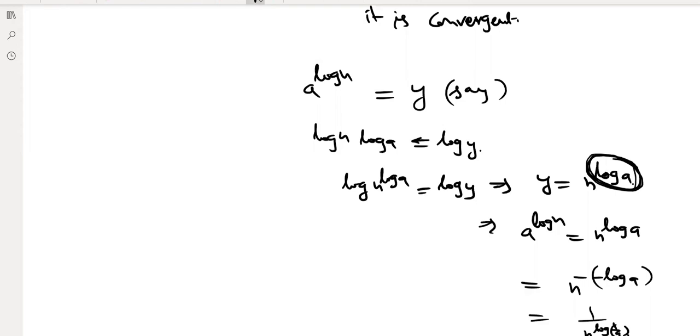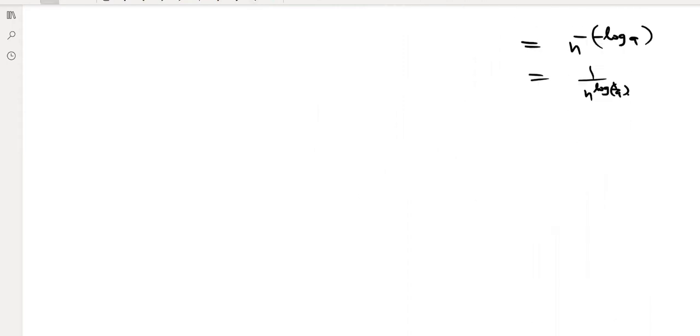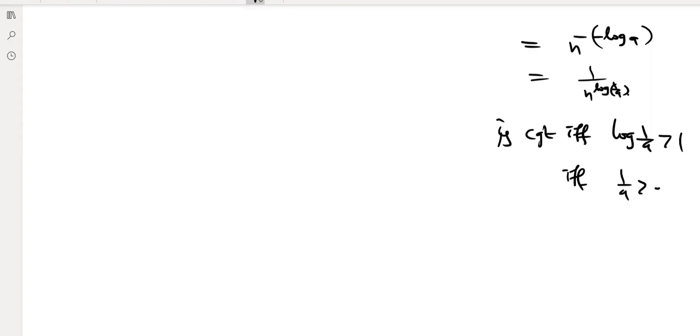Therefore, this is exactly nothing but 1 by n power log(1 by a). Now the format is 1 by n power p. So this is convergent if and only if log of 1 by a is bigger than 1, by the p test. This is possible if and only if 1 by a is bigger than e, that is, a is less than 1 by e.